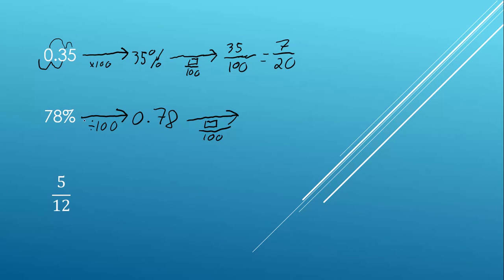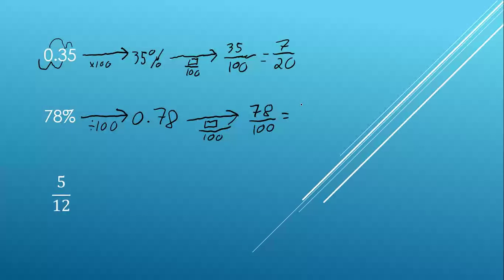Now remember that all we've done is divide this by 100, so these digits haven't changed, they've just moved in terms of place value because we've divided by 100. So we can just do 78 over 100. And then again, we simplify it. I'm going to start by halving it.